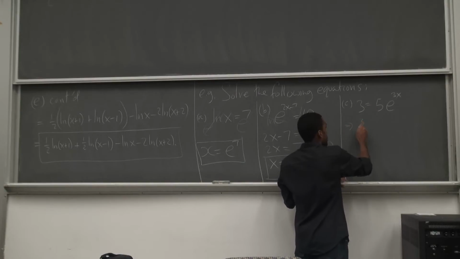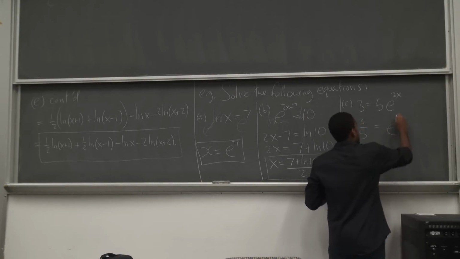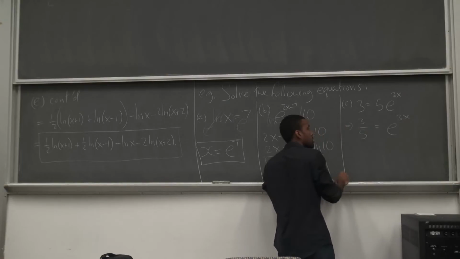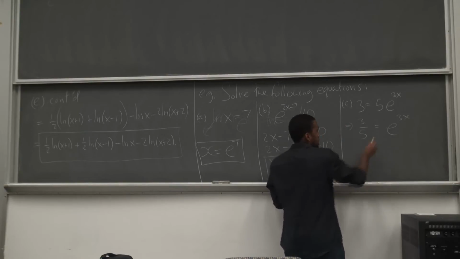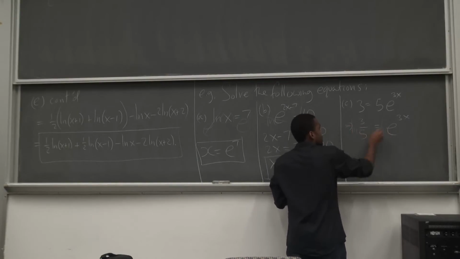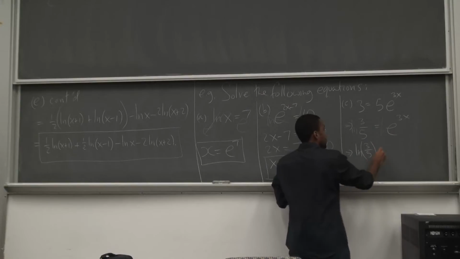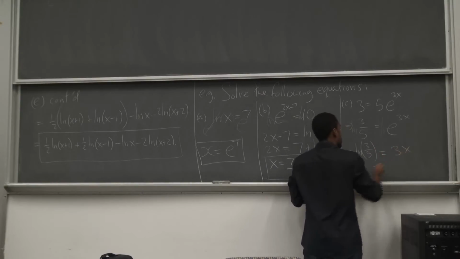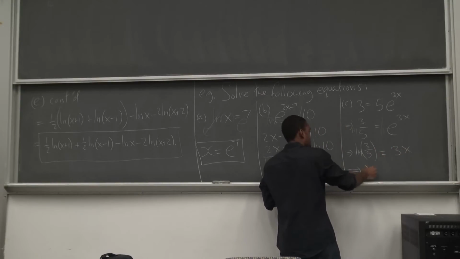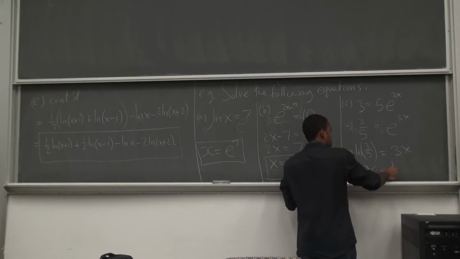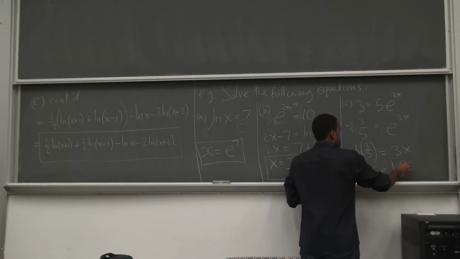Divide both sides by 5, I get 3 over 5 equals e to the 3x. Now what? Now I can ln, so that ln will kill the e. Now we get ln of 3 over 5 equals 3x, which means my x is equal to ln of 3 over 5, over 3.